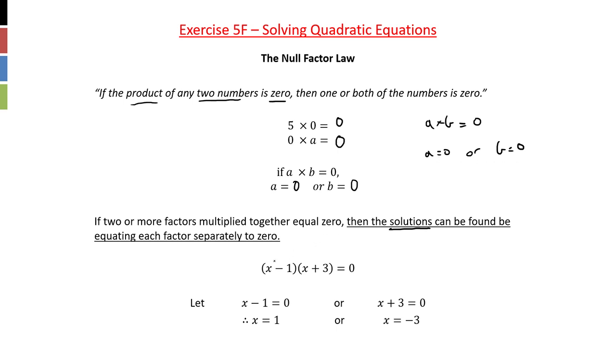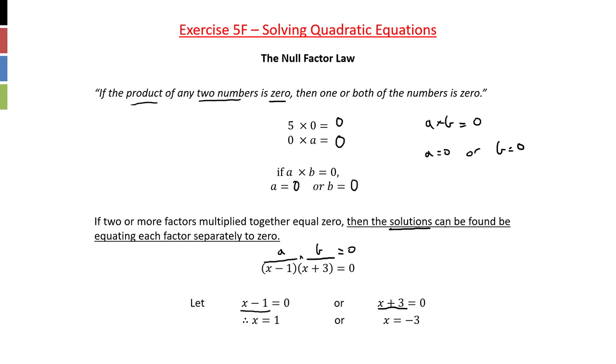So when we factorize, we get a set of brackets multiplied by a set of brackets. Effectively, we've got a times b equals 0. So either this first bracket needs to be equal to 0, or the second bracket needs to be equal to 0. And with quadratics, generally this now means we're going to get two solutions, two different numbers.